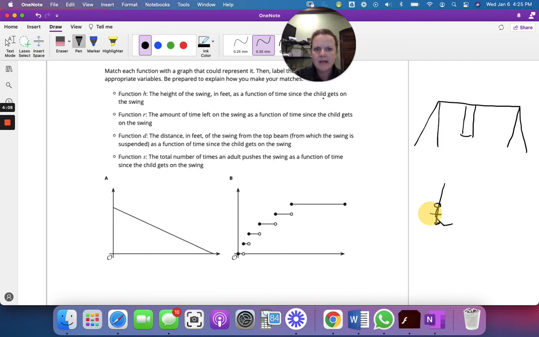As we did the height, she gets on the swing, and then the swing goes this way and that way, etc. So the height of the swing would get higher, shorter, higher, shorter, higher, shorter, right?